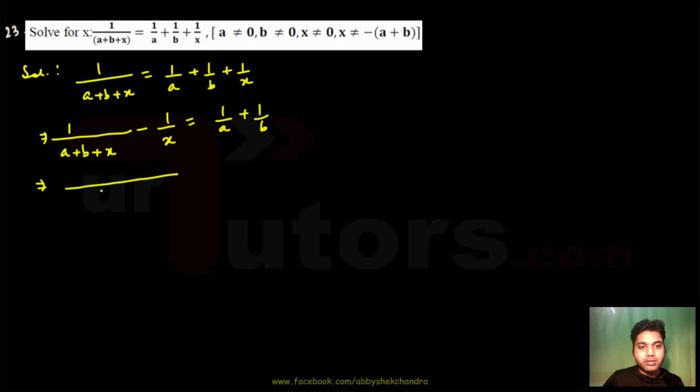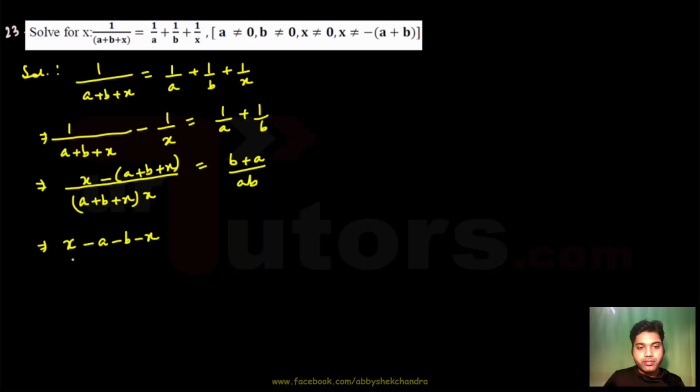Take the LCM here, a plus b plus x into x, so here will be x minus a plus b plus x equal to b plus a by ab. Now x minus, so this will be minus a minus b. Okay, let's open the bracket.